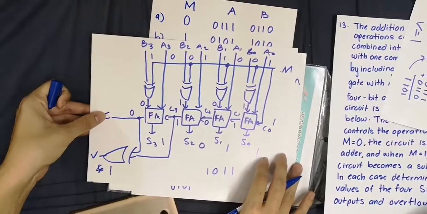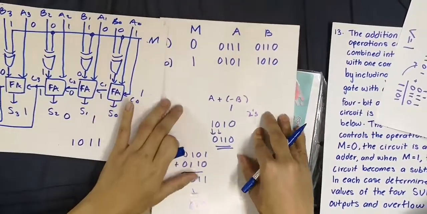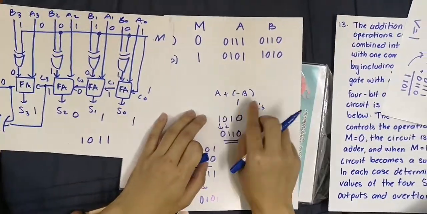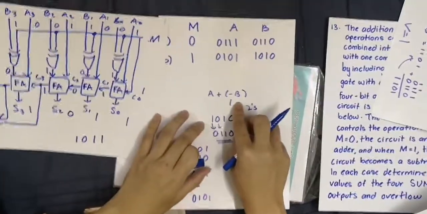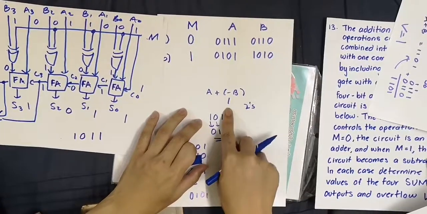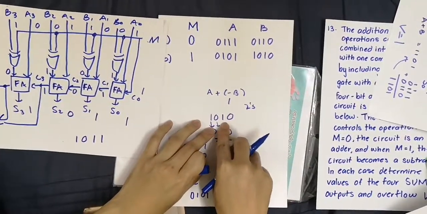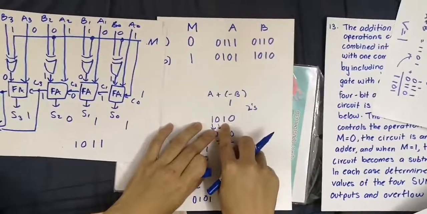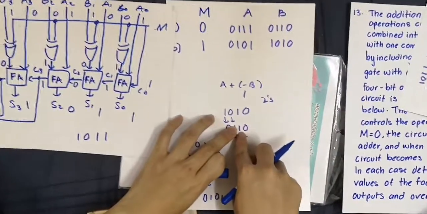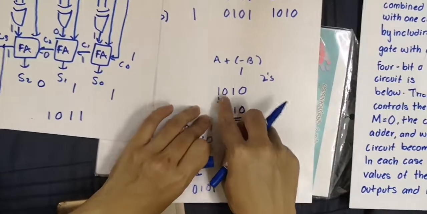So let's check if it is true or not. To check it, we have to use A plus negative B, which means A minus B. To get minus B, we use the 2's complement of B. In my way, we copy the number until it reaches the first 1, and after that we invert the rest of the number: 0 becomes 1 and 1 becomes 0.